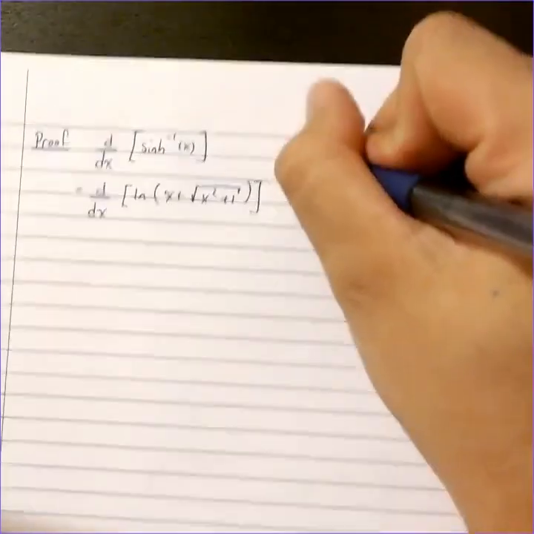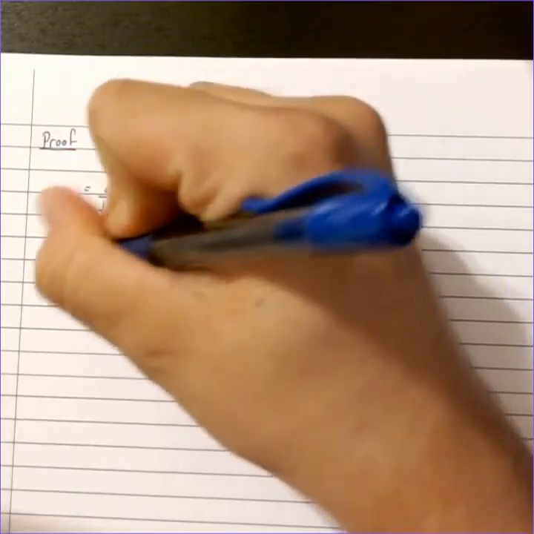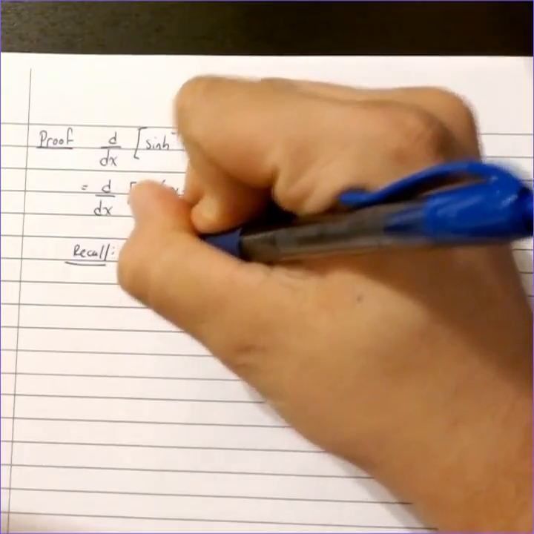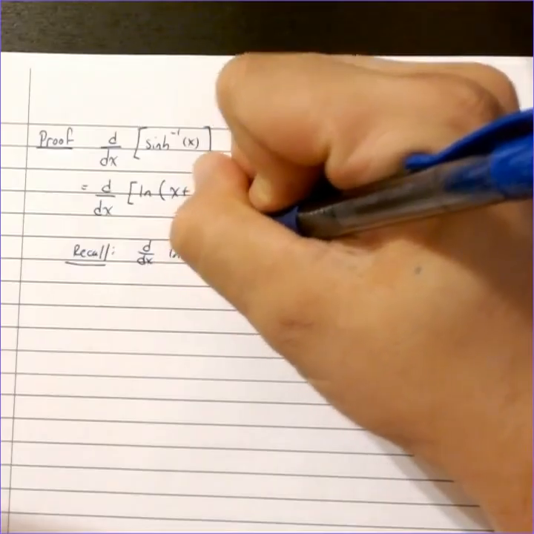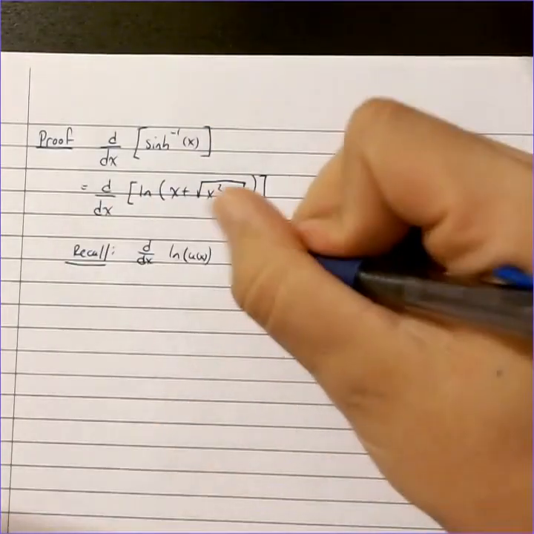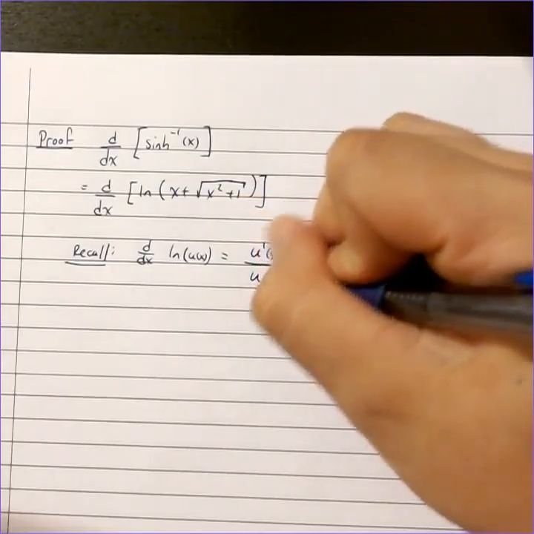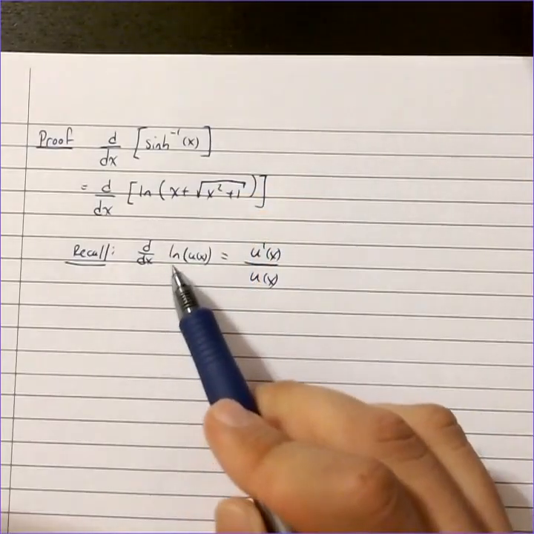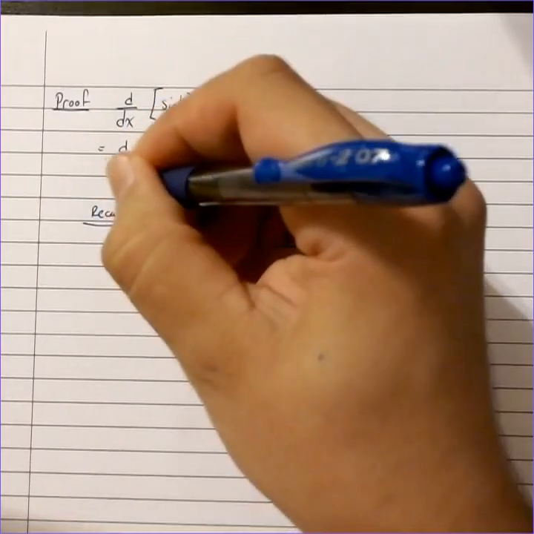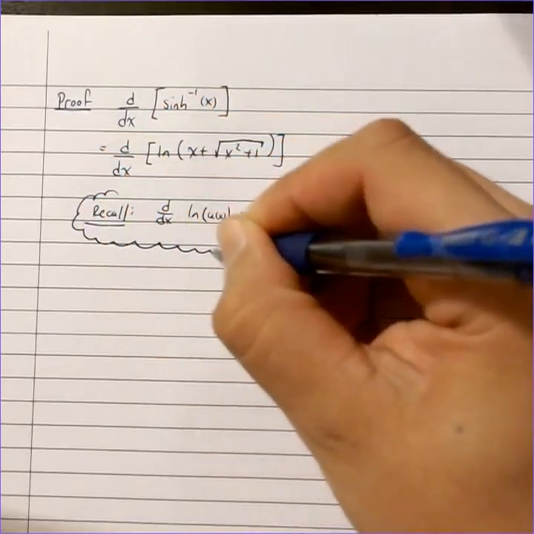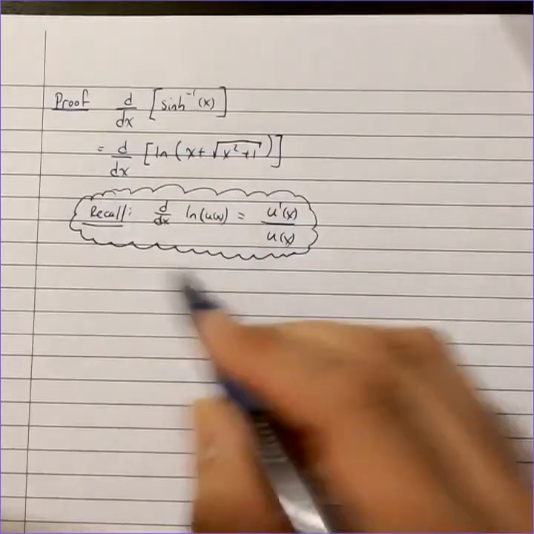Let's go ahead and recall that if you want to take the derivative with respect to x of the natural log of some function of x, the natural log of u of x, that's going to equal u prime of x over u of x. All right? The derivative of the natural log of u is u prime over u. And that's just a recall, just a little extra side note.